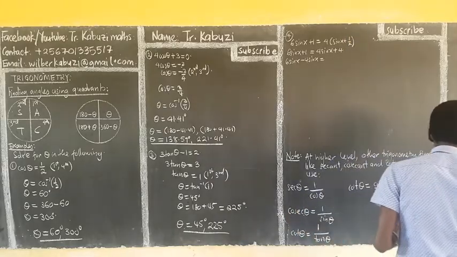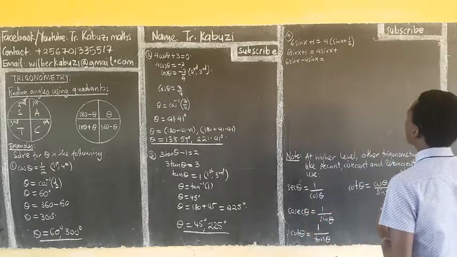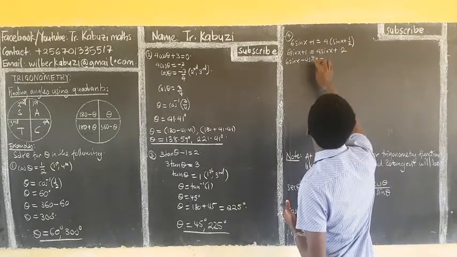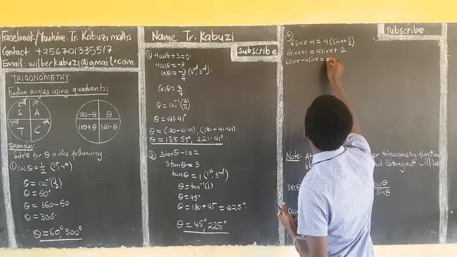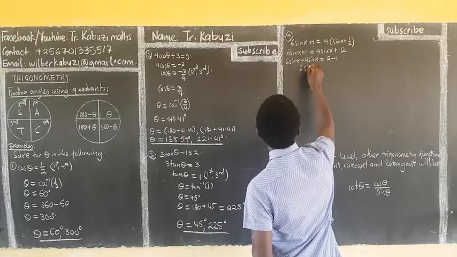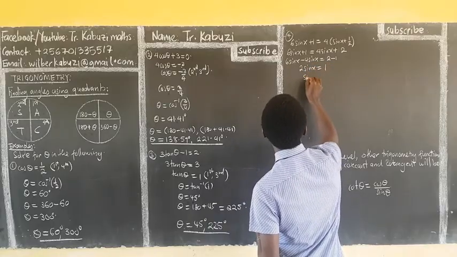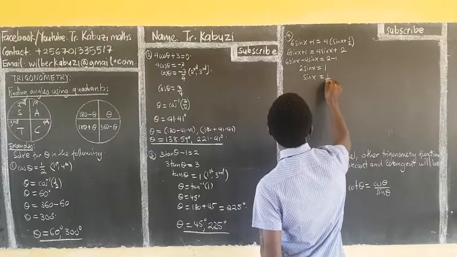So when I multiply there, instead of multiplying by 4, I'll be having a 2. So I take this side and I bring 2 minus 1. When I simplify this one, it becomes 2 sine x equaling 1. So you make sine the subject, you have sine x equaling half.